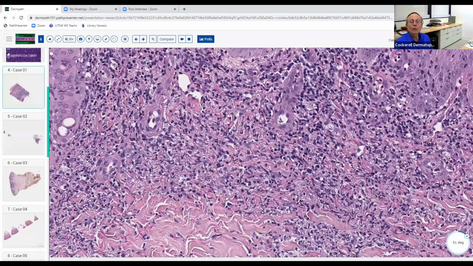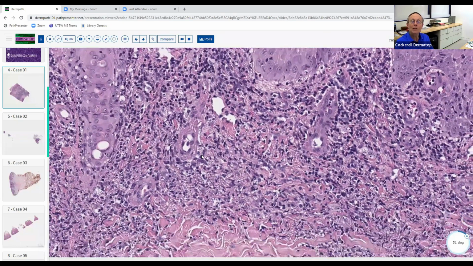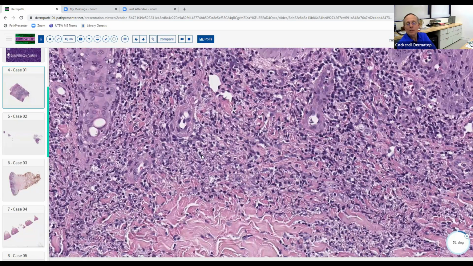So this is what we would call intrahistiocytic parasitism, if you will, intrahistiocytic organisms. So there's a differential diagnosis of that, correct? One of them is histoplasmosis, but what are the others that can cause that? I know Leishmaniasis. Good. Leishmaniasis can do it.